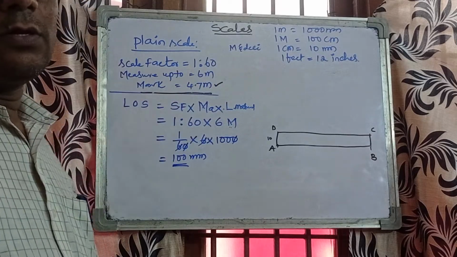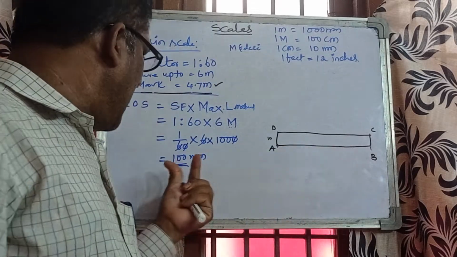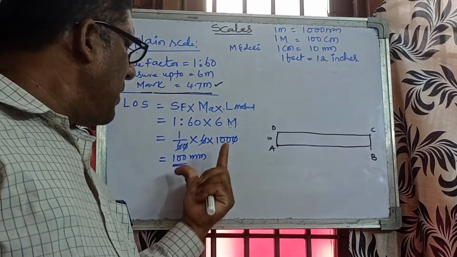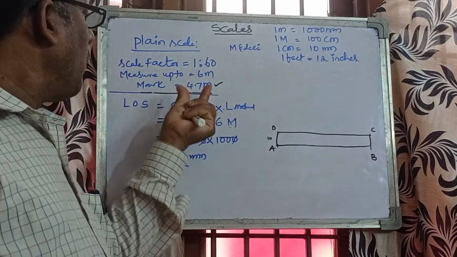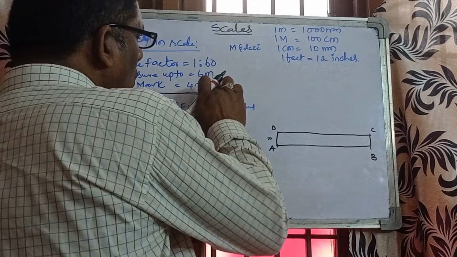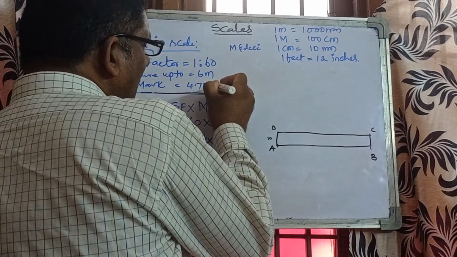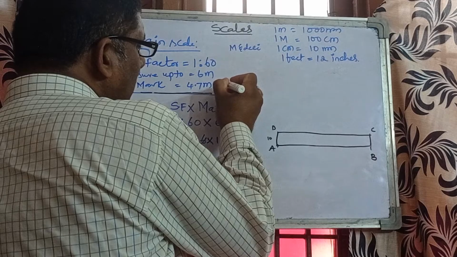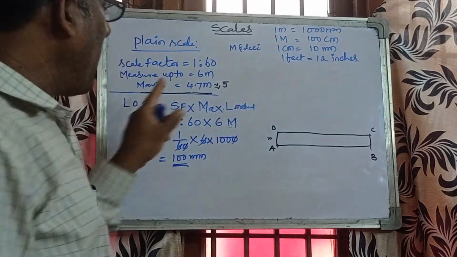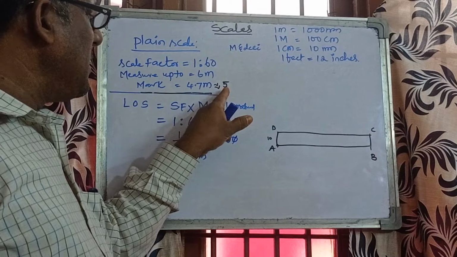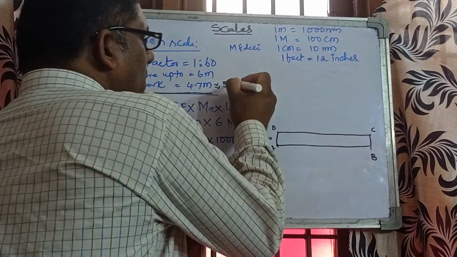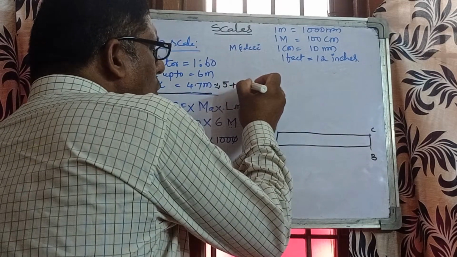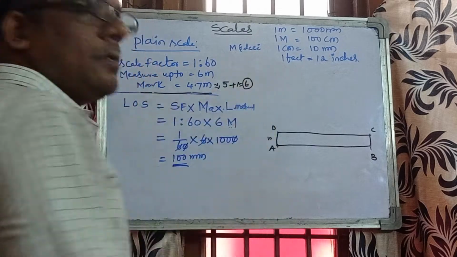The meters are already converted into mm. 4.7 means it is roughly 5, and plus 1 part. In total you go for 6 number of parts.